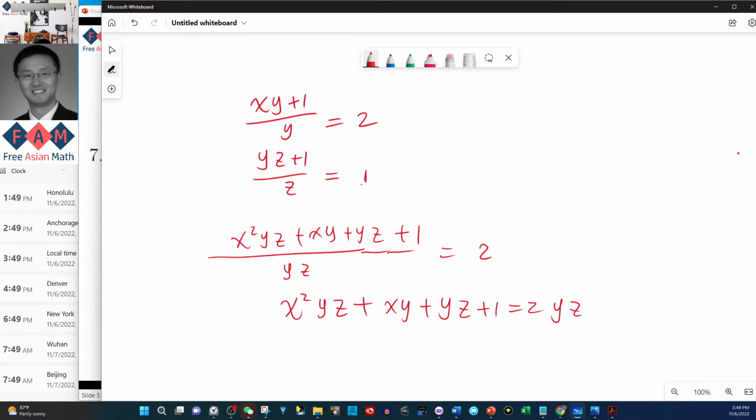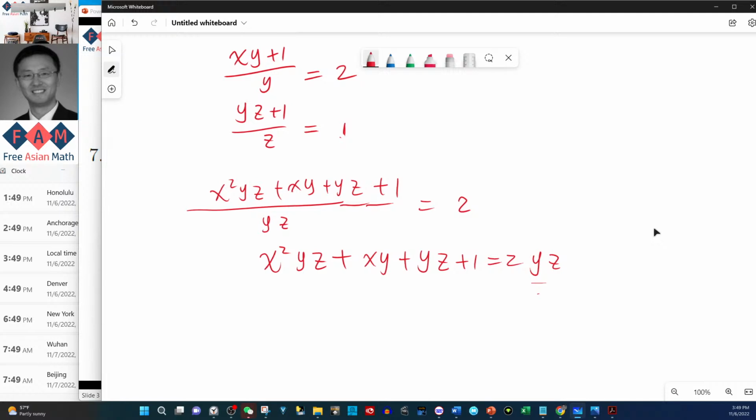So these two introduce one actual yz that is really a troublemaker. So we manipulate this a little bit. Put everything on the right-hand side, so yz got cancelled. So this is a minus yz plus 1 equals 0. This is nothing but subtracting the 2yz from the other side.